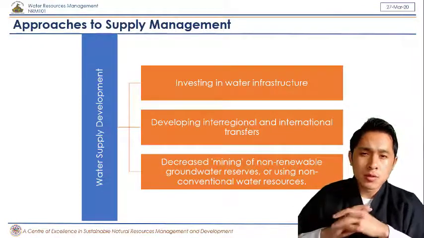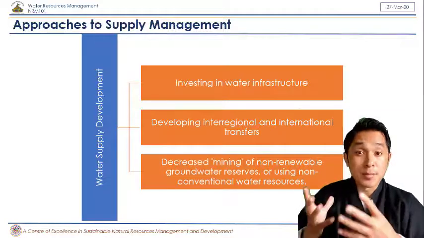So these are three of many ways that we can increase the supply of water.